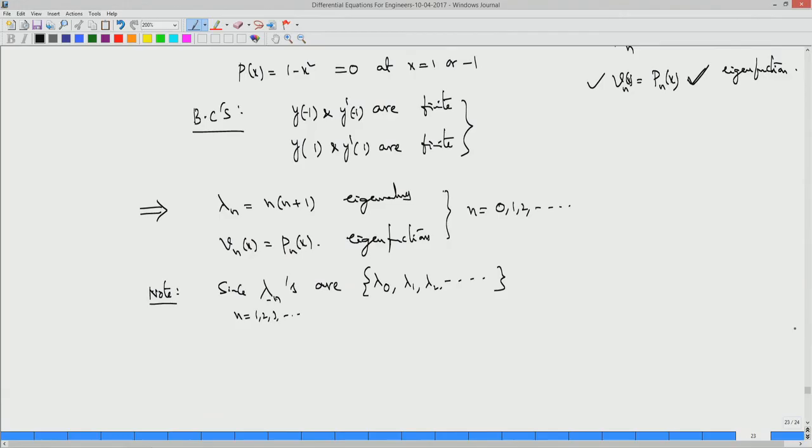If you choose lambda minus n, for n from 1 onwards, these are nothing but lambda 0, lambda 1, lambda 2 and so on. These are here.